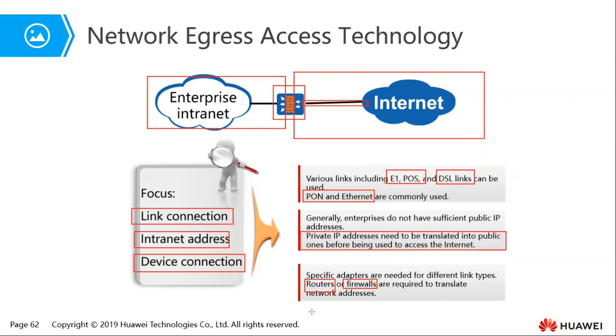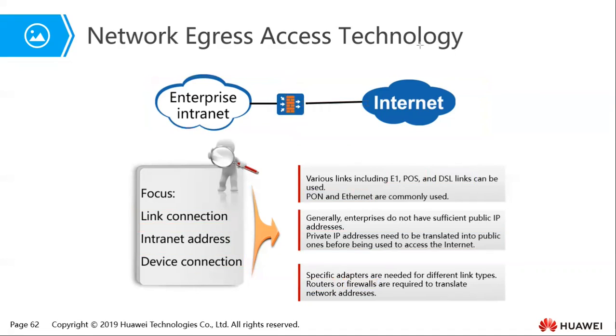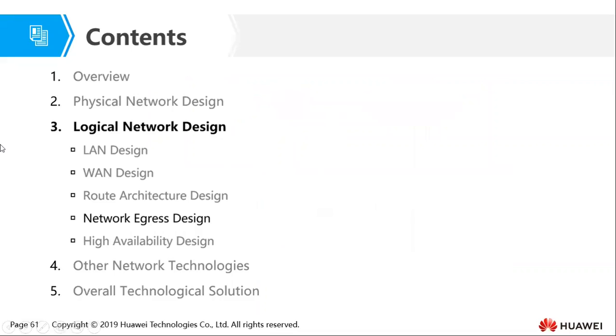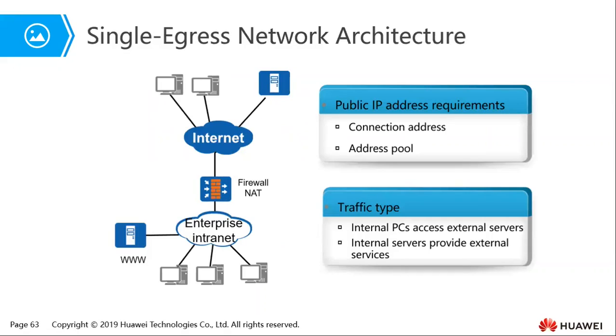So most of the time at the network egress, for a small to medium-sized enterprise, we will deploy a firewall at the egress gateway as the connection device. So those are the three things that you're supposed to consider. I hope it is clear.